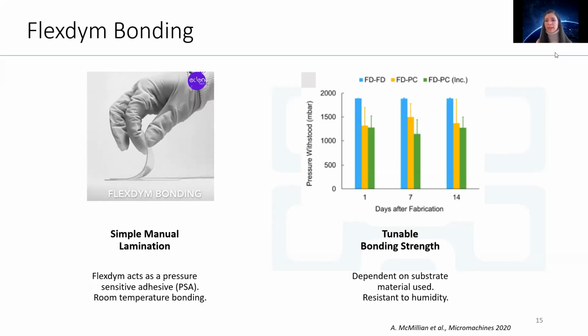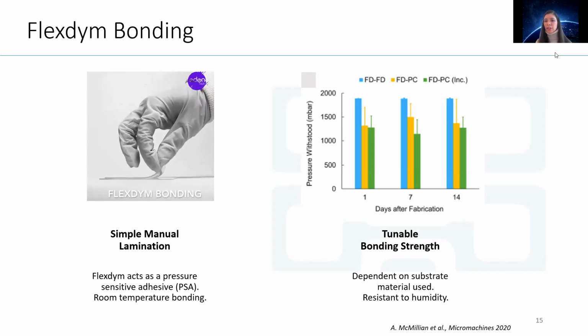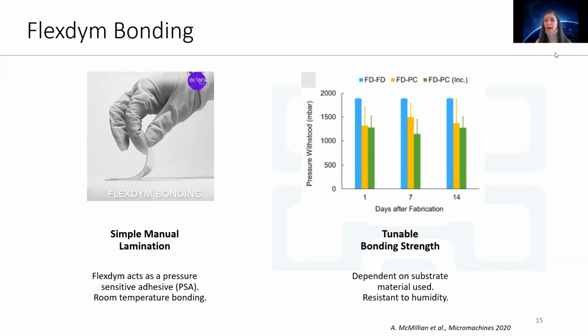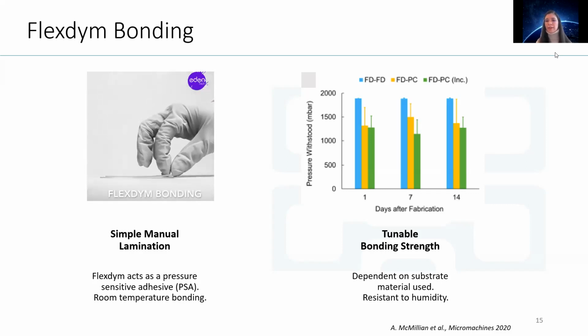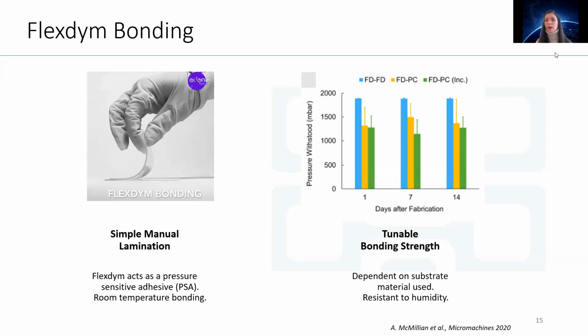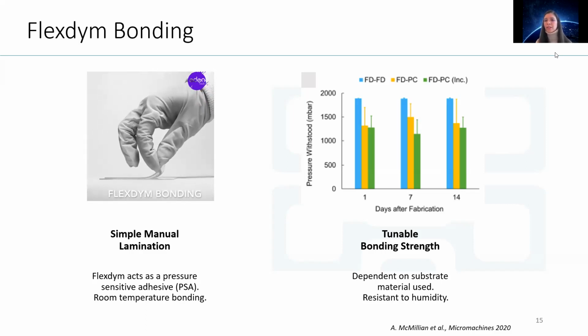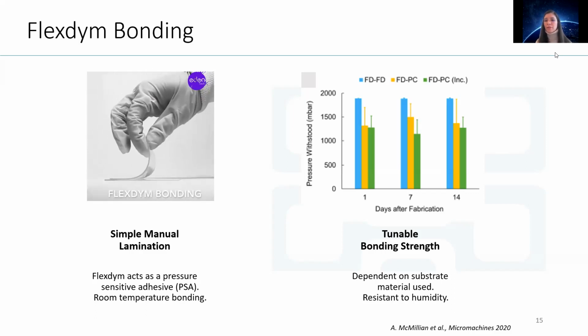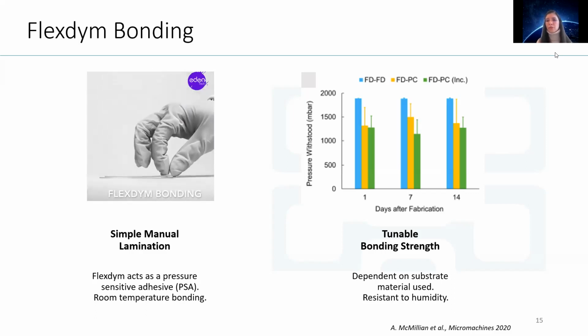And what you can see is that there is a range in the fluidic pressures withstood. So for the hybrid membrane that is Flexdym polycarbonate, we're at around just above 1 bar, 1.2, 1.3 bar. And for the fully Flexdym devices, we're closer to 2 bar.